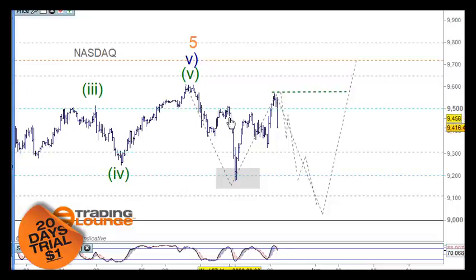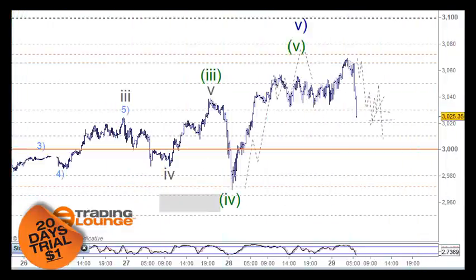And as I mentioned yesterday, a move above this point here would create this as an ABC pattern. So really, all of this is a bullish scenario, even though it's cranking down quite firmly through here. So we still need to address that situation.